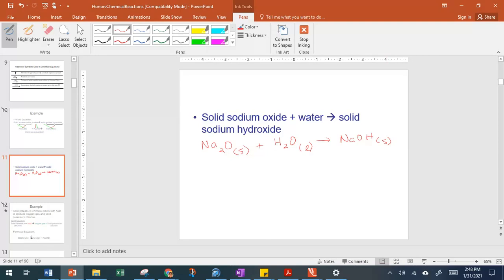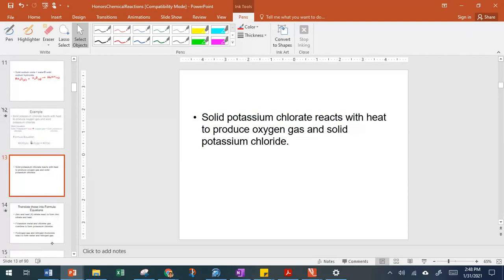Okay, I want to show you another equation. Here we have a little bit more information. When you see things like reacts with, that's going to become a plus sign in our equation. To produce means we have an arrow there, so that's going to separate our reactants and our products. And then we obviously see an and. So we have potassium chlorate, KClO4.